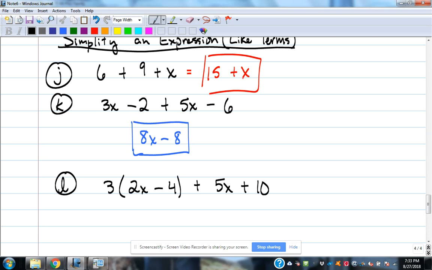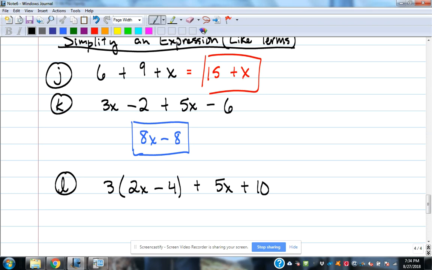Anybody remember what property this is? I remember how to do it, but I don't remember the name. Yeah, distributive property, that's what it's called. And what that means is you're going to take this 3 and distribute it to everything in the parentheses. You're going to multiply 3 times 2x and 3 times 4 and get those pieces.